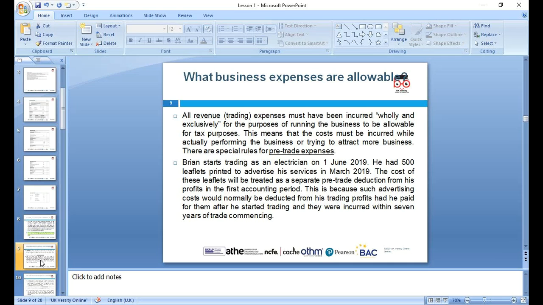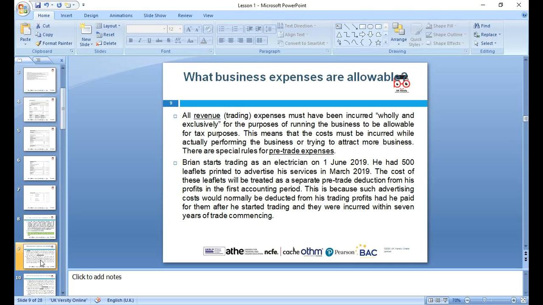This is because the advertising cost would normally be deducted from the trading profit, and had he paid for them after he started trading, maybe that falls in the previous years. Yes, he did it but actually he started the business next year, but he can claim it, because he started trading and they were incurred within the 7 years.